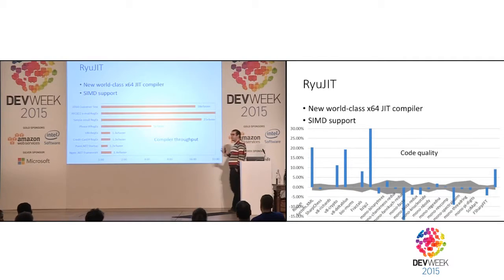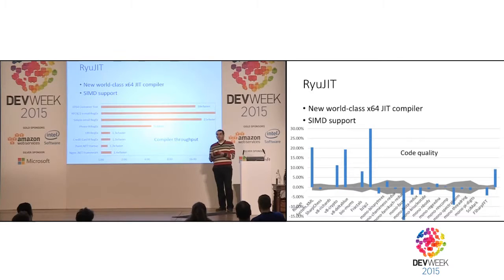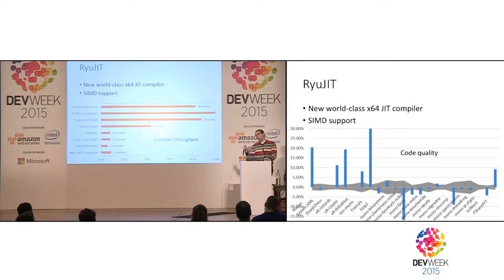Now, there are 2 main reasons why Microsoft wanted a new just-in-time compiler, because again, it's a huge, huge project, roughly 220,000 lines of code, and not simple code, nasty compiler code that generates assembly instructions. So Microsoft went on with this project for 2 reasons. One is compiler throughput.